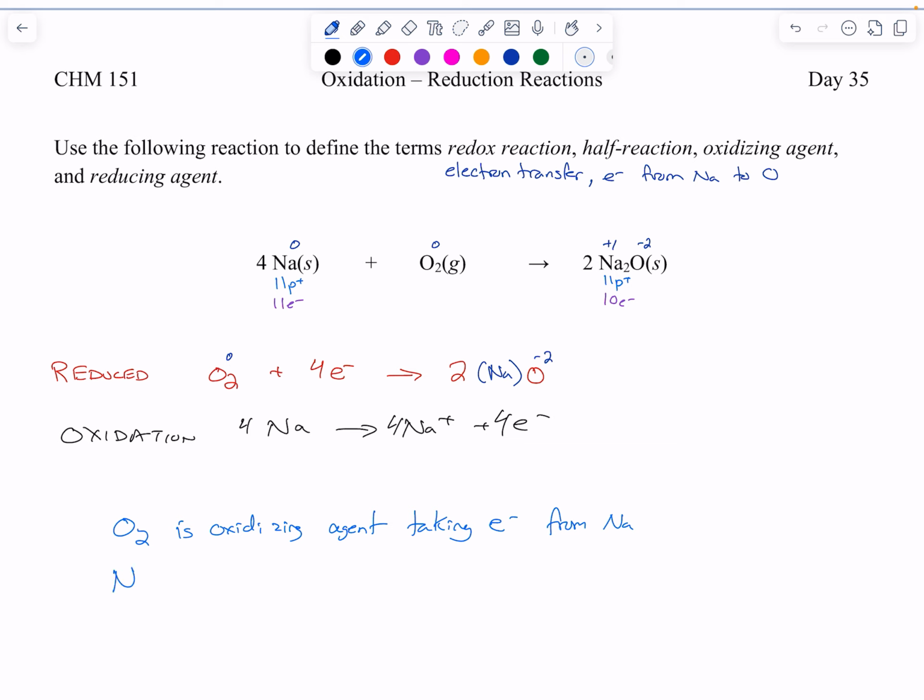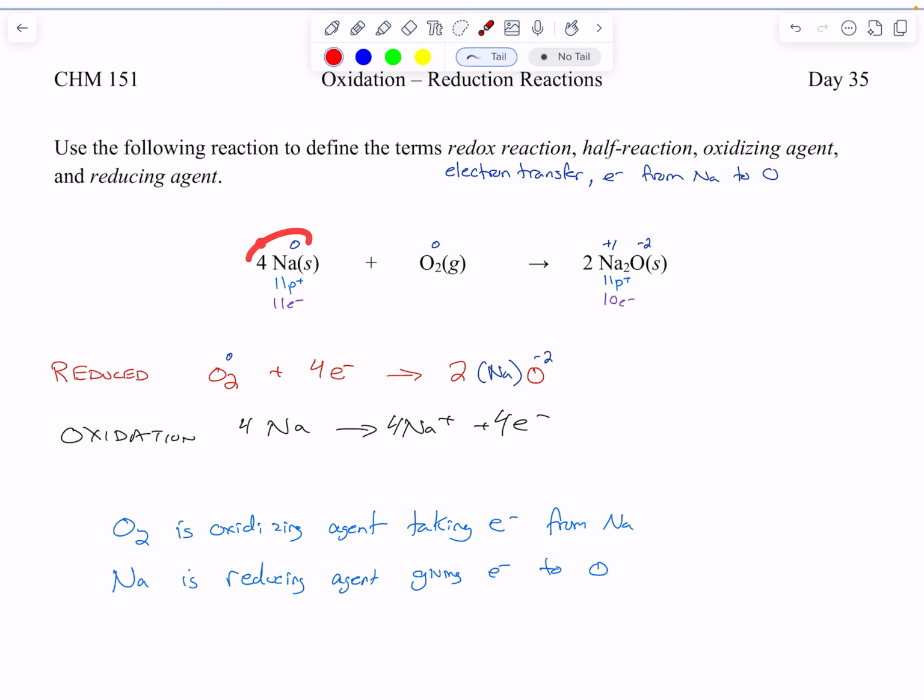And Na is the reducing agent. Taking electrons, or giving, not taking, giving, holy cow, giving electrons to O2.